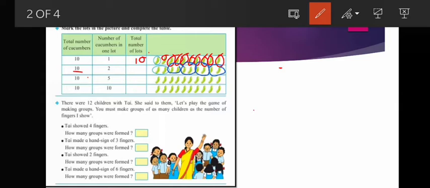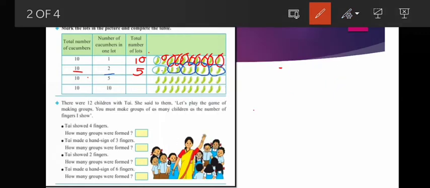So 1, 2, 3, 4, 5. Each set has 2 cucumbers because number of cucumbers in one lot is 2. So I have put 2 cucumbers in each lot. So total number of lot 1, 2, 3, 4, 5. So the answer is 5.